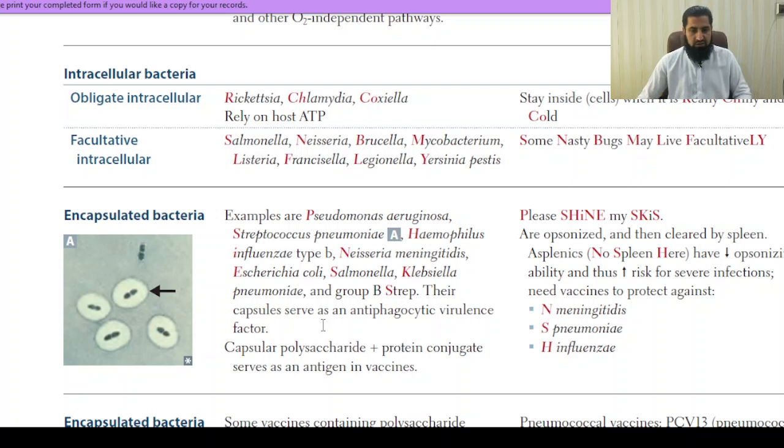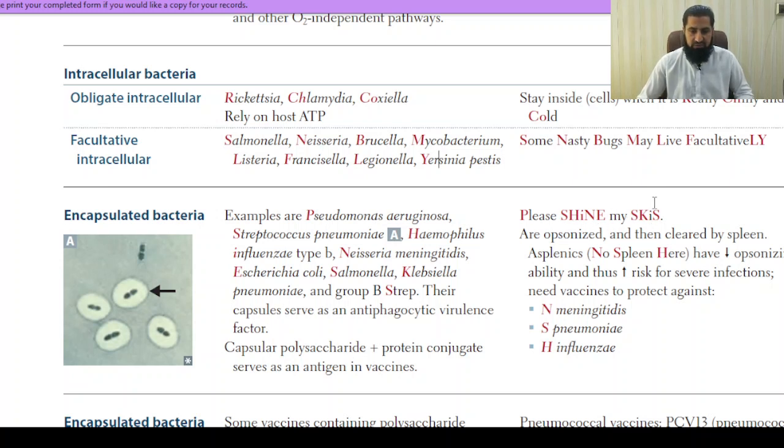These capsules serve as an anti-phagocytic virulence factor. Capsule polysaccharide plus protein conjugates serve as antigens in vaccines, and can be used for preparation of vaccines.